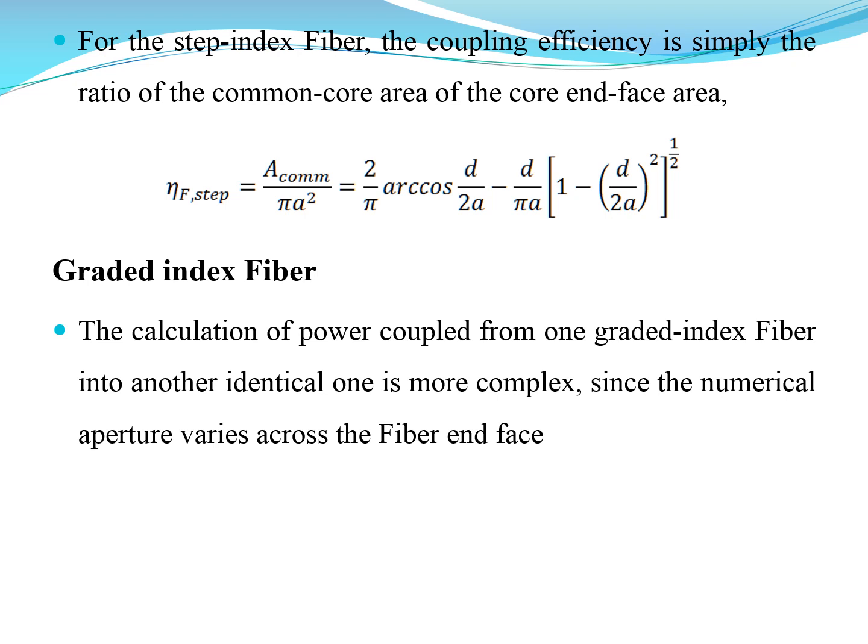In a step index fiber the numerical aperture is constant, but in a graded index fiber it varies across the fiber end faces. That is very important while we consider the power distribution from one graded index fiber into another.